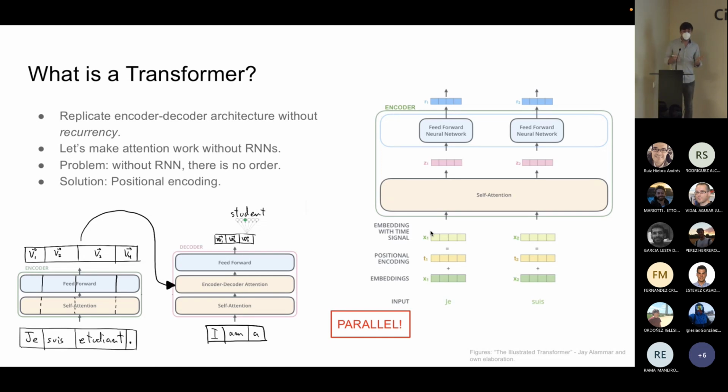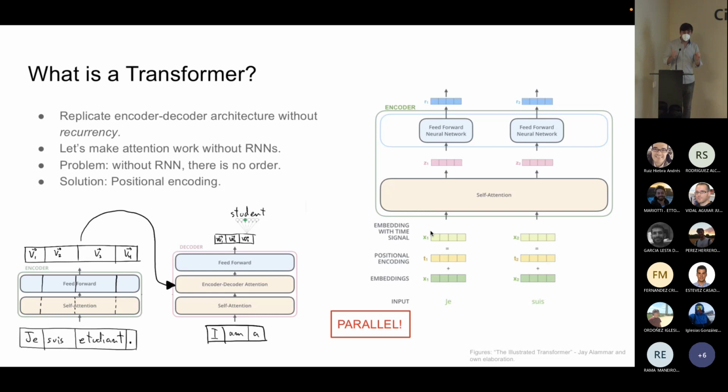That is not good for computing, because we cannot parallelize that. And we want to speed up things in GPUs and training a lot of data. So removing the RNN allows us to train in a parallel way. We feed the words to the model in parallel, and we get a representation for each word.